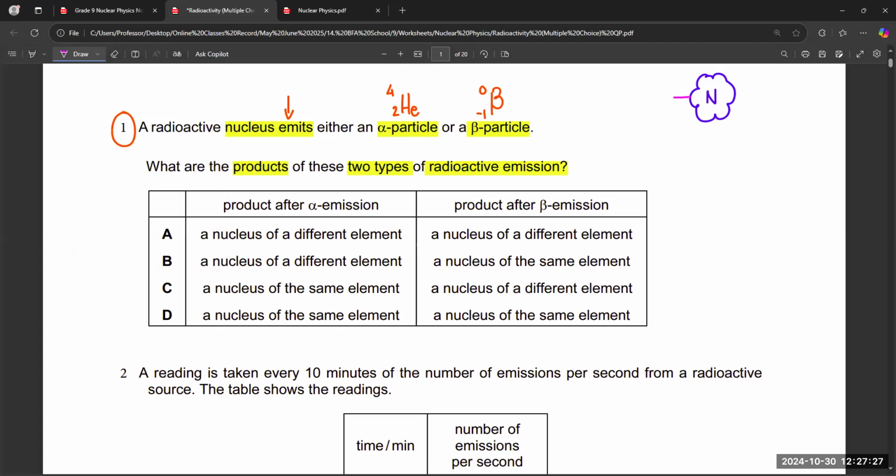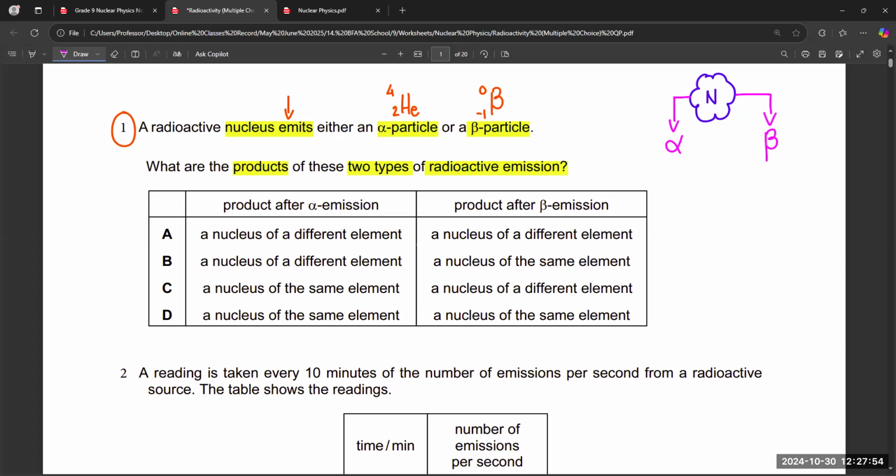So the first possibility is for alpha, and we need to solve the equation for alpha individually. And the other possibility is for beta, so you need to consider beta individually, right? You don't need to mix up alpha and beta in a single equation. You need to solve them individually.